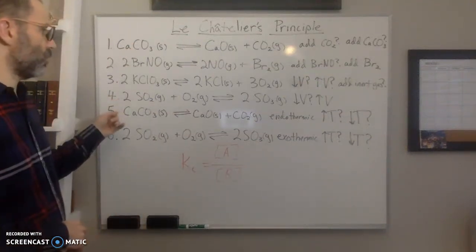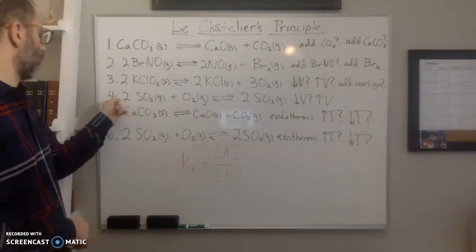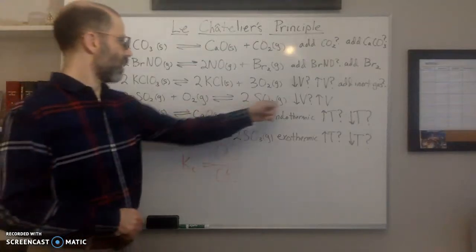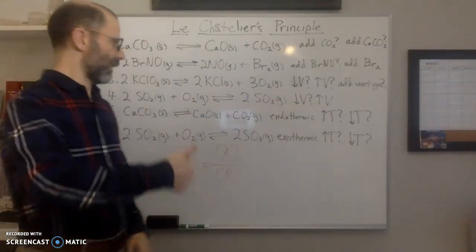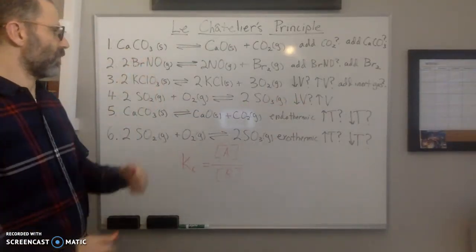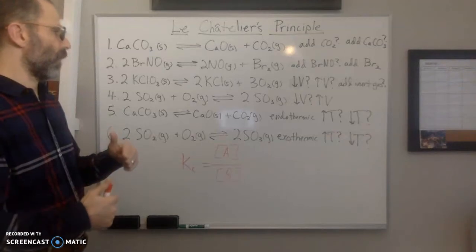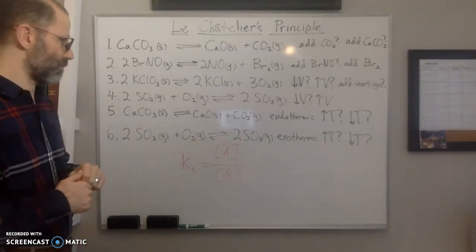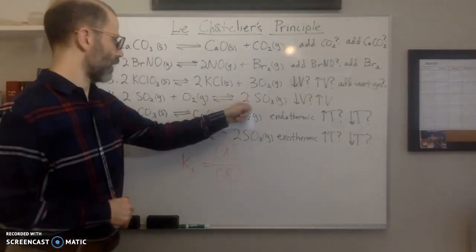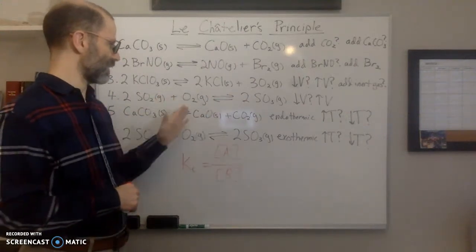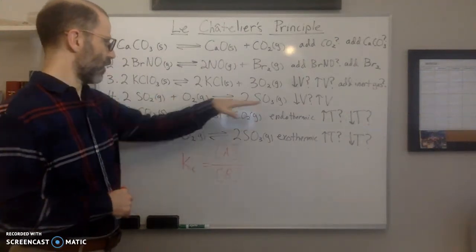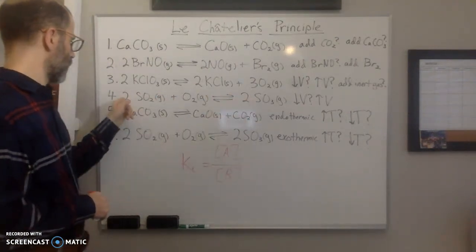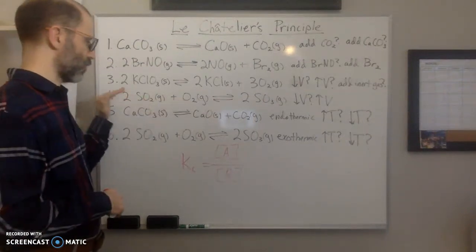Quickly, what about number 4? So same thing. If I lower the volume, I'm going to increase the pressure. So I want to go in a direction where I decrease that pressure. So I want to switch to the side that has less moles of gas. So I have 2 moles of gas over here, and I have 3 moles over here. So I'm going to switch.